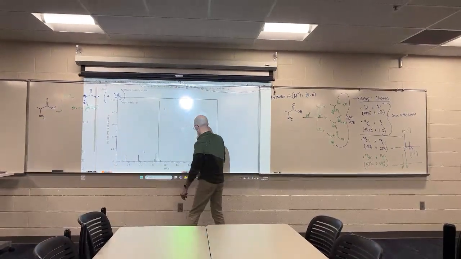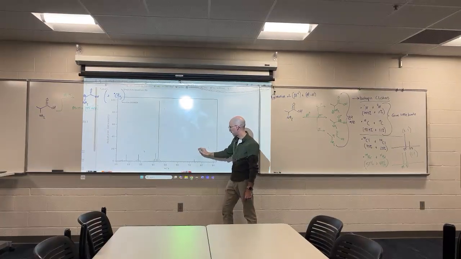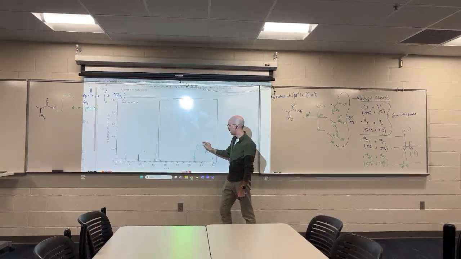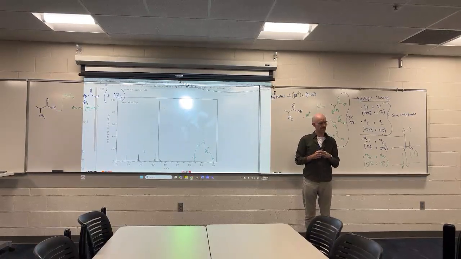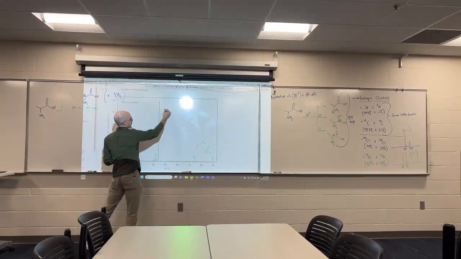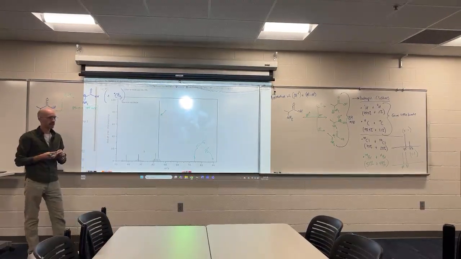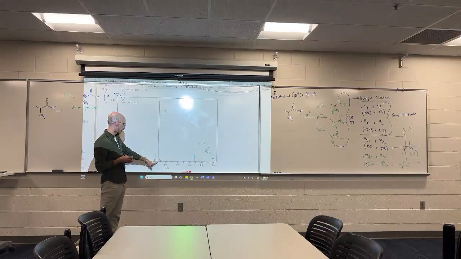Here's 89 molecular ion. Here's M minus 15. Okay? What about this structure? The base peak. This has a mass of 43. No, 45. Yes, 44.